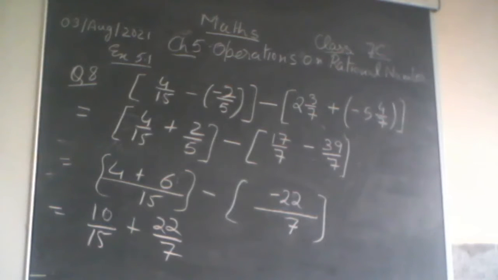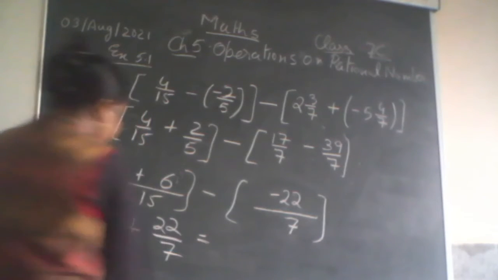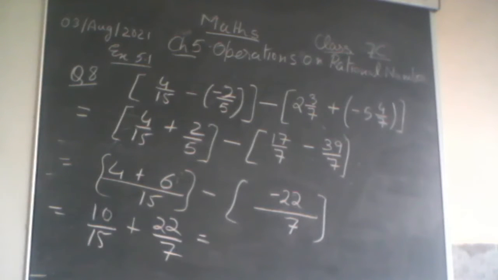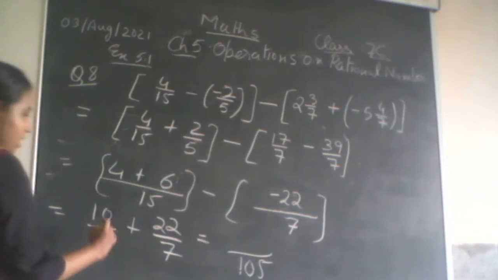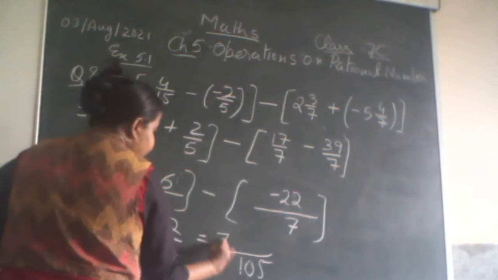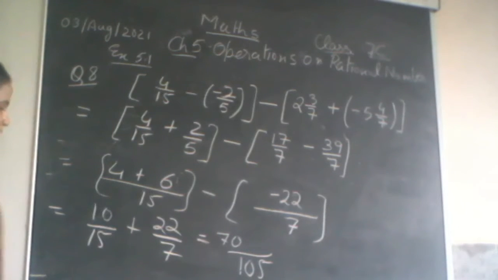Now, what is the LCM of 15 and 7? Ma'am, 105. That means 10 into 7 is 70, right?